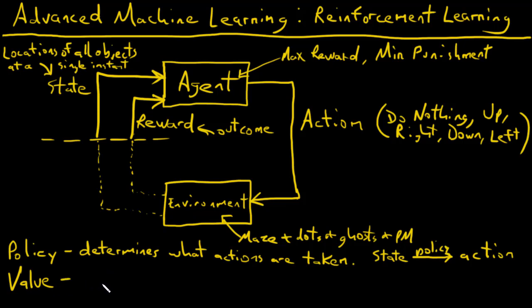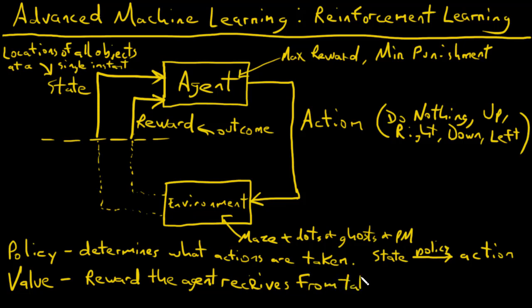So this is the reward that the agent receives from taking an action. Okay? So the value is positive or negative or really positive versus slightly positive, things like that.